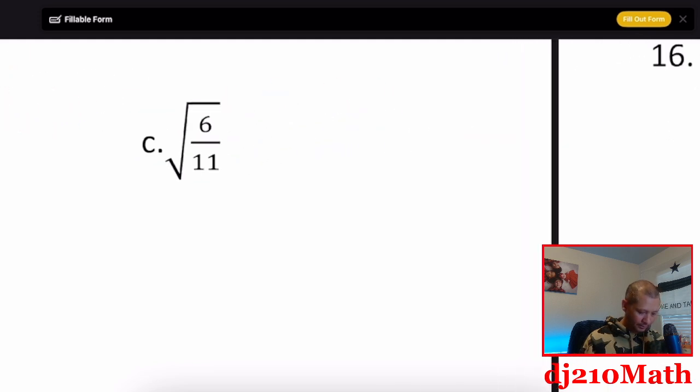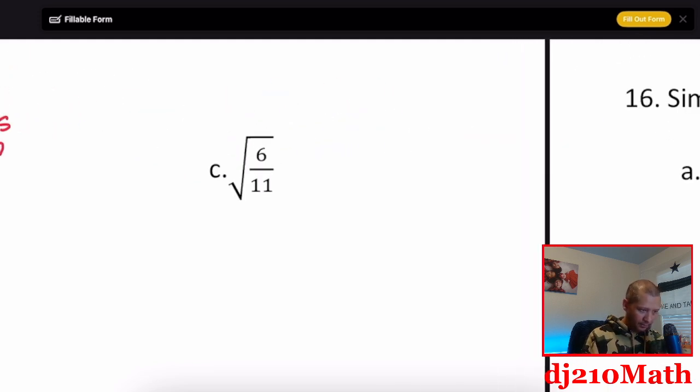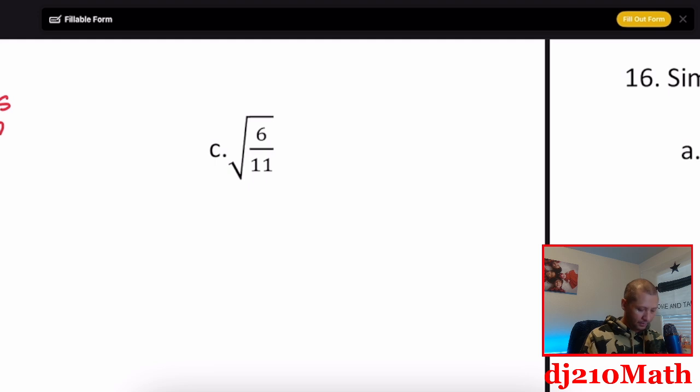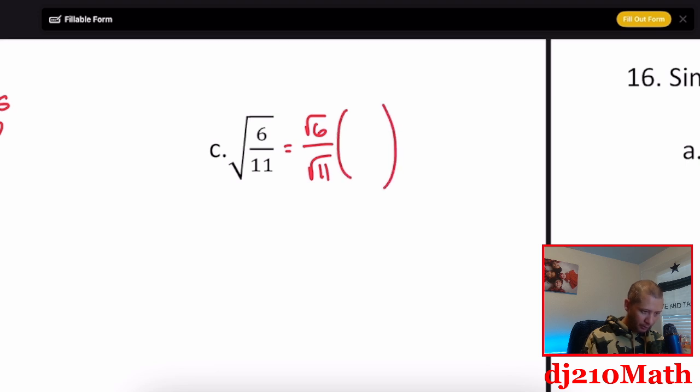All right, C. Same thing. Rewriting this as root 6 over root 11. Multiplying by root 11.